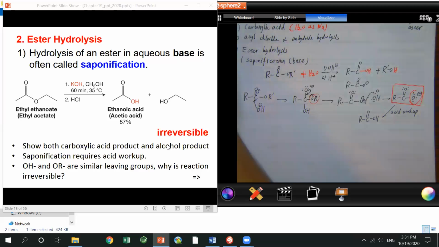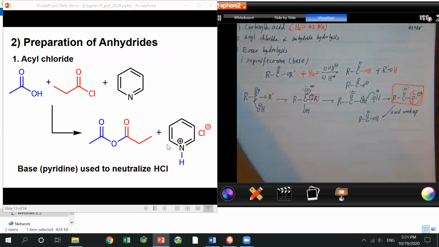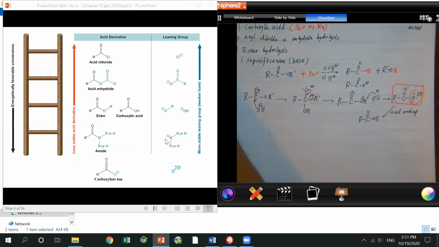Here you can see the reactivity ladder. The carboxylate ion is the most stable species compared with esters, because the alternative is very unstable compared with OR minus.